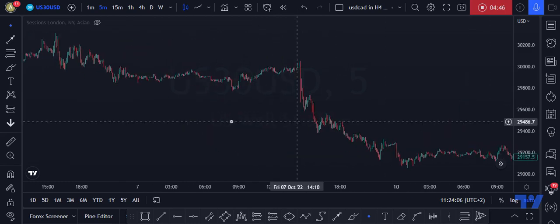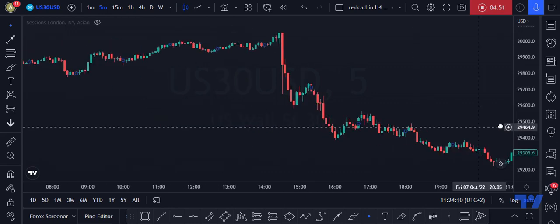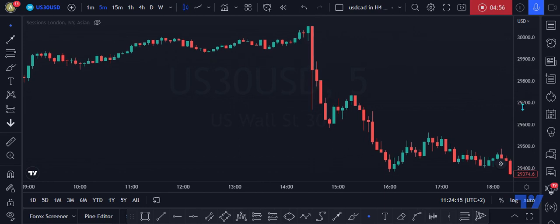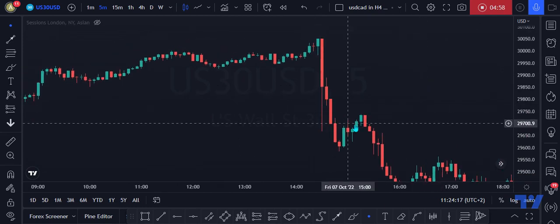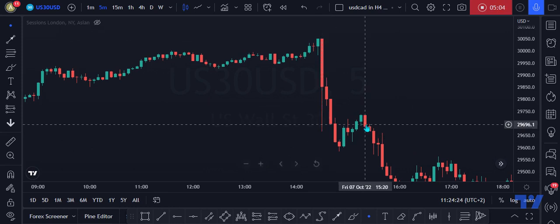So, looking at the NFP that was scheduled on the 7th of October, you can tell that you can make a lot of money. But besides making a lot of money, let's focus on the skill.